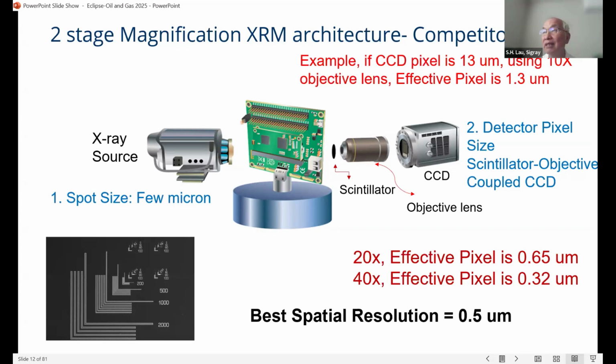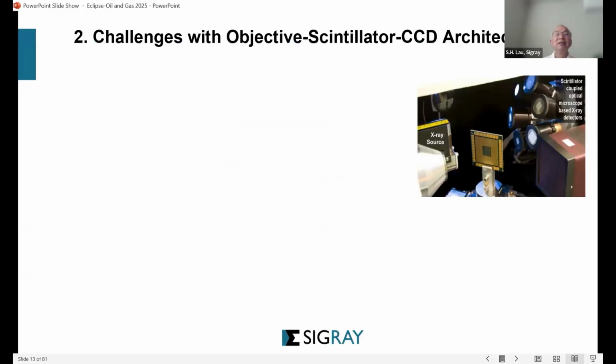You need at least 2 pixels to make the spatial resolution, and therefore the best you can normally do is about 0.5 micron. So that is how Zeiss does it. That's how X-Radio originally did that. And now this is what happens with the scintillator, objective, scintillator architecture.